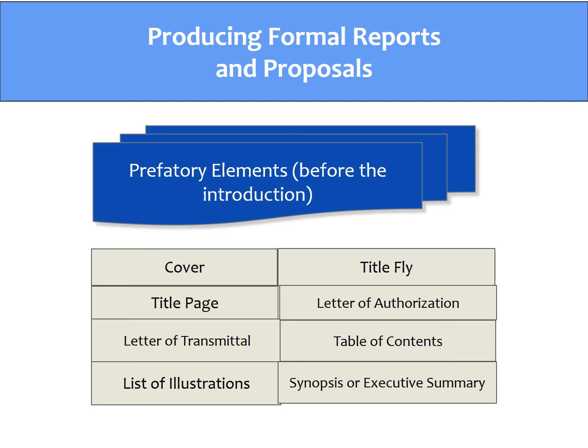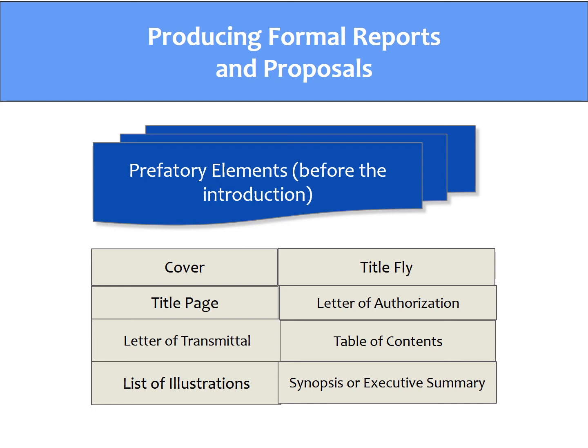Prefatory elements include the cover, title page, letter of authorization, letter of transmittal, table of contents, and so forth. The cover includes a concise title that helps the readers direct to the purpose and scope of the report.